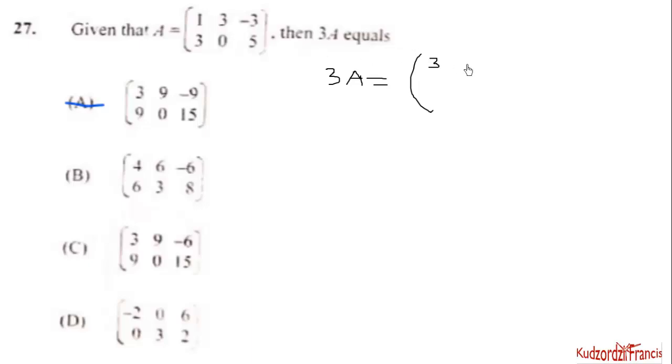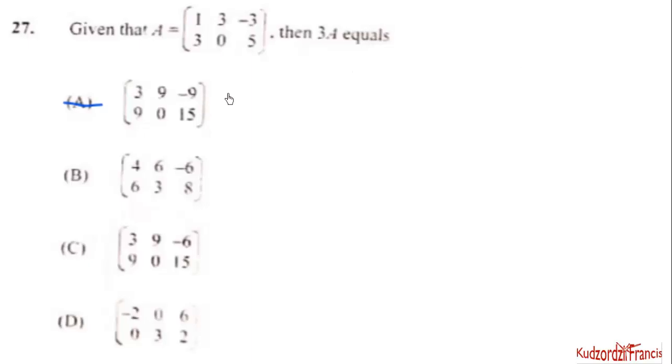Then 3 times 3, which is 9. 3 times -3, which is -9. 3 times 3 is 9. 3 times 0 is 0. 3 times 5 is 15. So the correct answer is A.